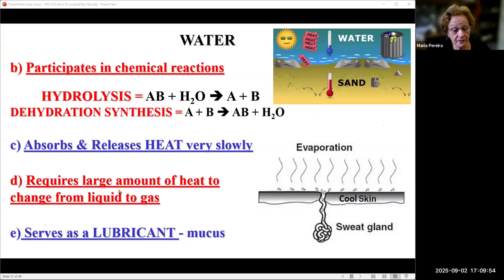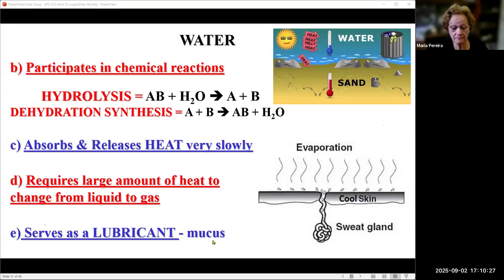The conversion of water from liquid in the sweat to gas uses up a lot of energy, so that is used for maintaining temperature. So you have water that absorbs heat and water that releases heat when it goes from liquid to gas. Those are two other very important properties of water that are used to maintain body temperature.